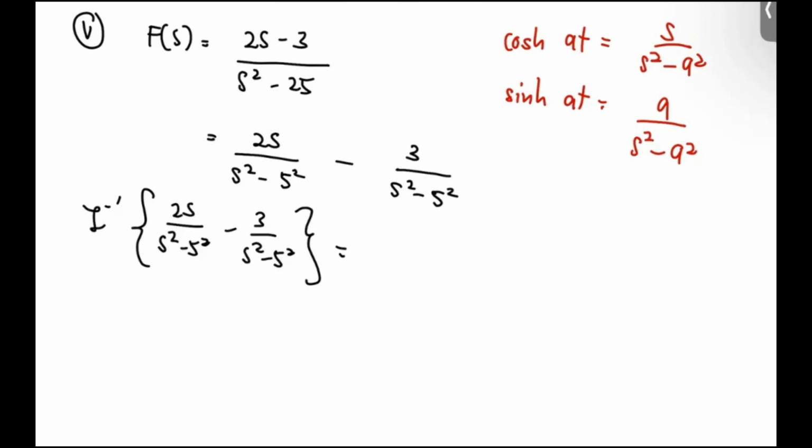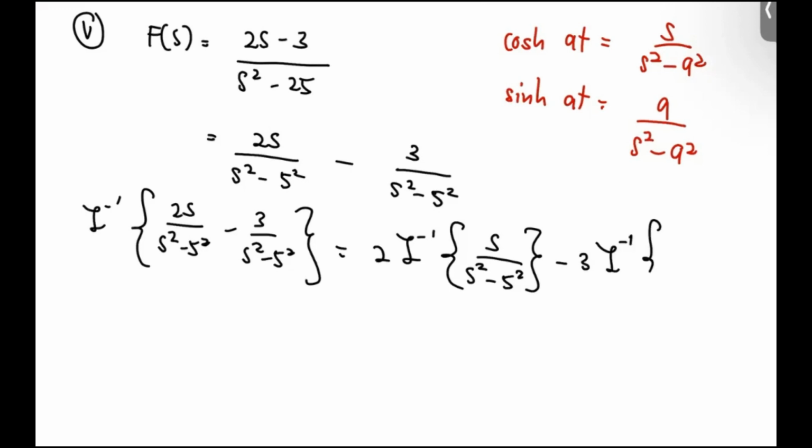By using linear properties, I can put 2 outside: inverse of s over s squared minus 5 squared. And then because 3 and 5 are not equal numbers, I can put the 3 outside. So minus 3 inverse of 1 over s squared minus 5 squared.